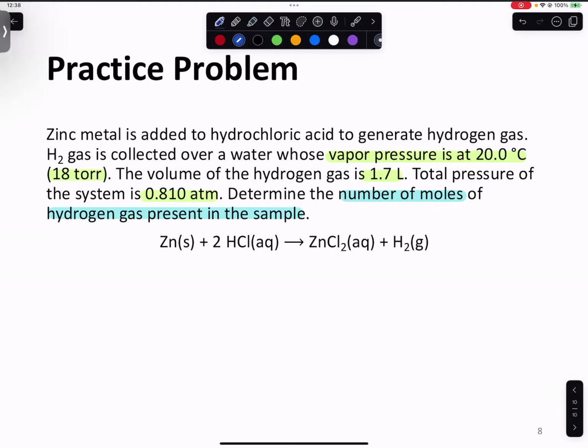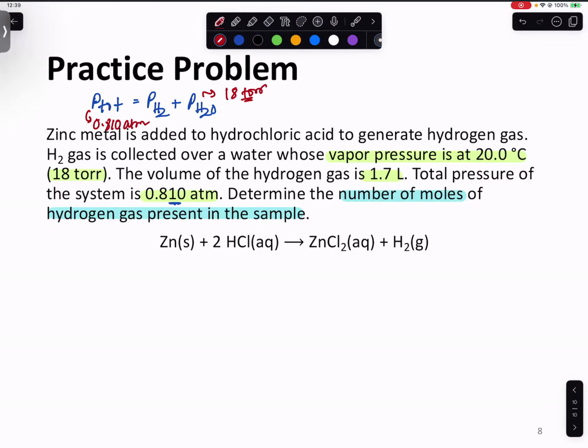To start this problem, I'm going to write the equation that I just showed you: the total pressure equals the pressure of hydrogen, which is the pressure of the gas, plus the pressure of the water vapor. I am given the total pressure, which is 0.810, and I'm also given the water vapor. Note that the units are different, and I cannot work in a problem where two units are different.